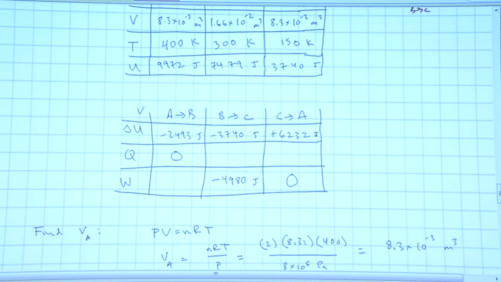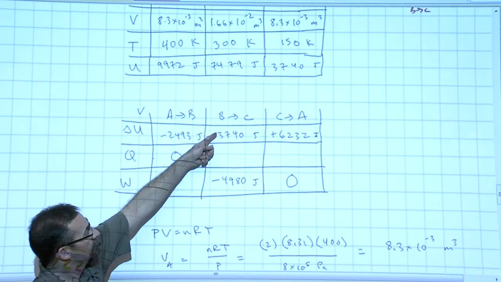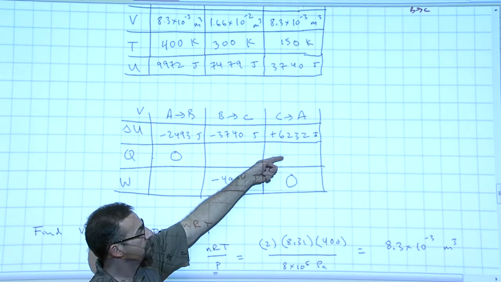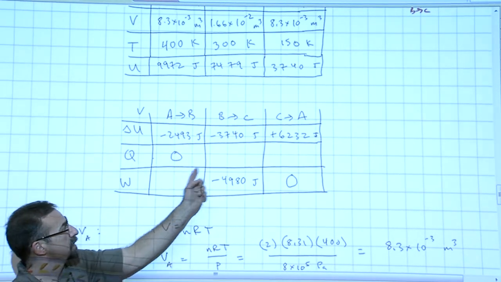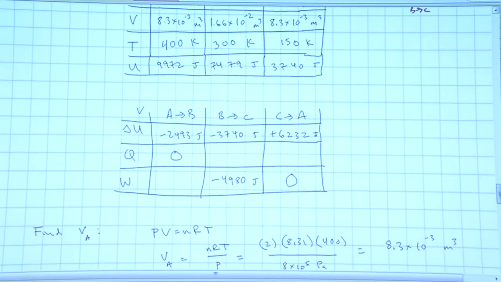Now, we know 2 out of 3 things here, 2 out of 3, here, 2 out of 3. So we can solve for the missing one using our first law of thermodynamics.